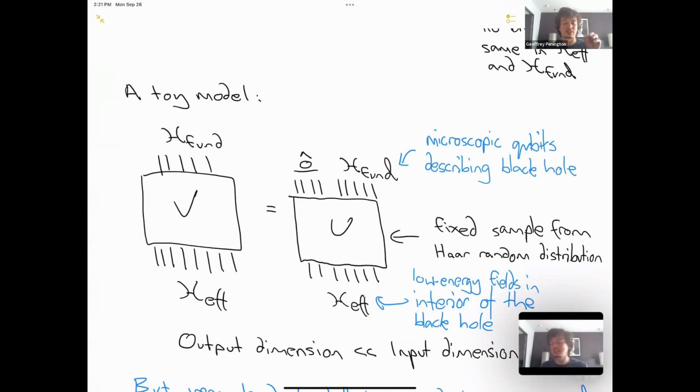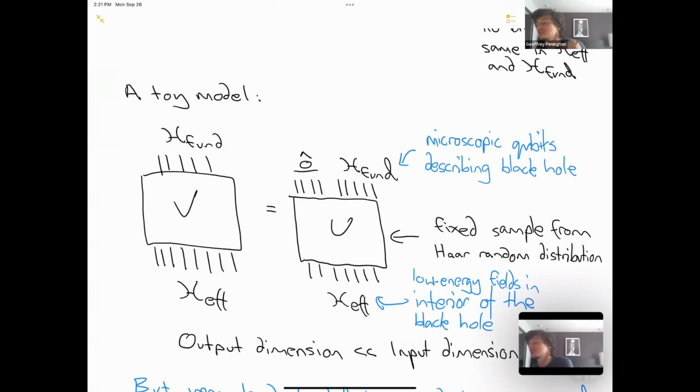We're just imagining there is some fixed but random looking pseudo-random U that's been drawn from this Haar random distribution at random. We're going to use the statistics of the Haar random distribution in order to learn stuff about typical U's, but we're not actually physically going to be averaging over it.